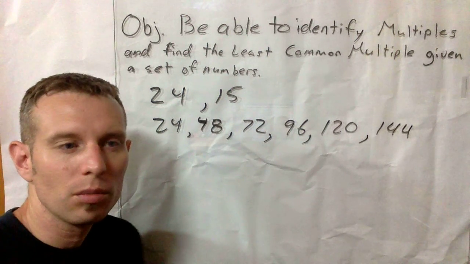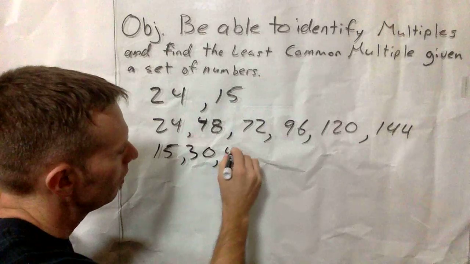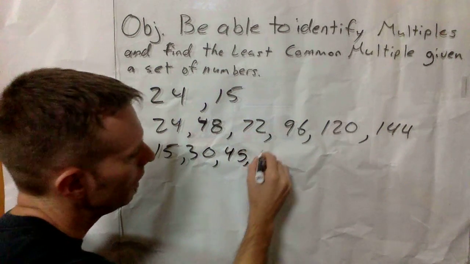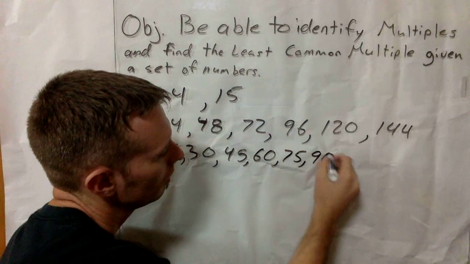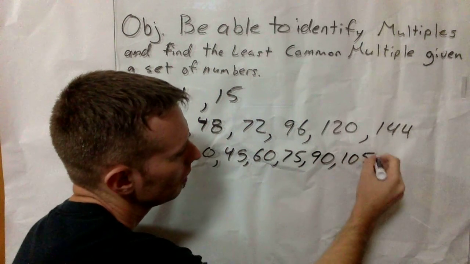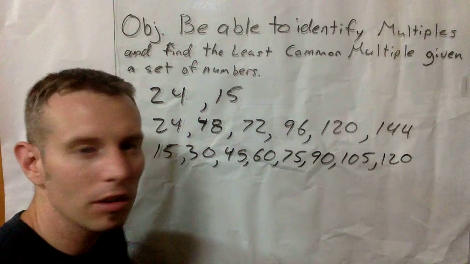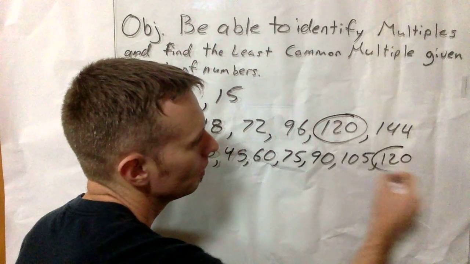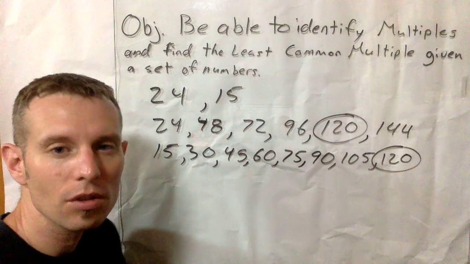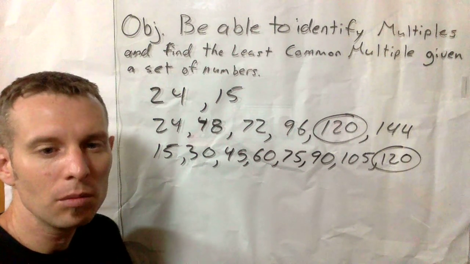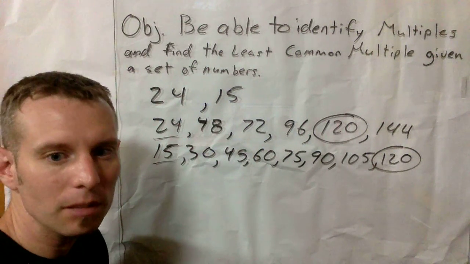And if you list the multiples of 15, you get 15, 30, 45, 60, 75, 90, 105, and 120, and we could go on, but we can already see that 120 is shared, and that's the first multiple that's shared. So that's the least common multiple of the 2 numbers 24 and 15.